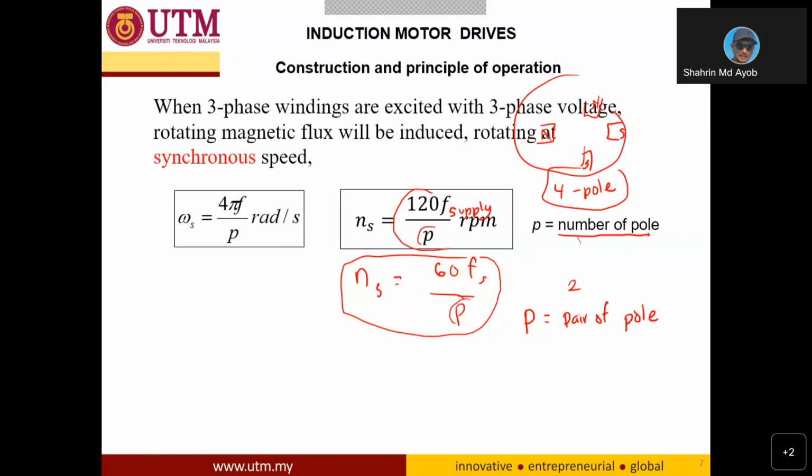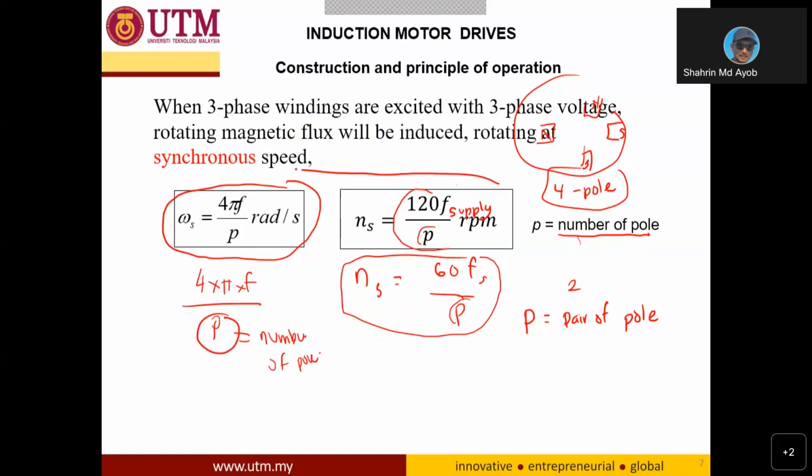So that one the unit is in RPM, rotation per minute. If you are using radian per second, the equation is this one: 4 multiplied with pi multiplied with the frequency supply over P, and this P is also the number of poles.